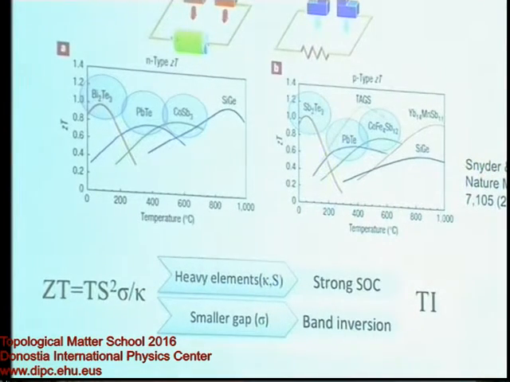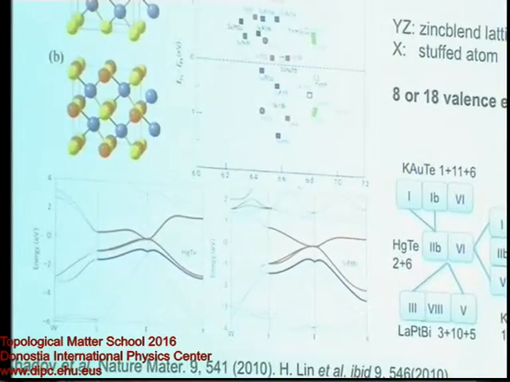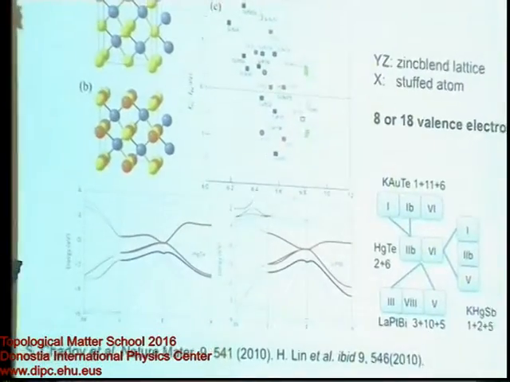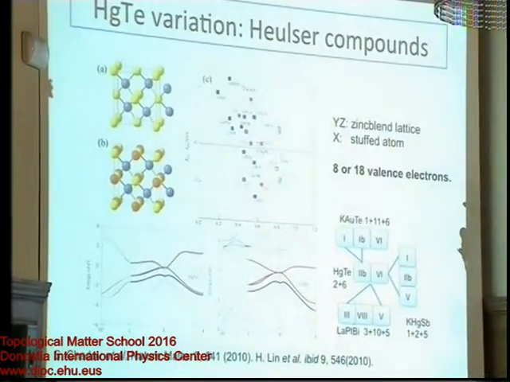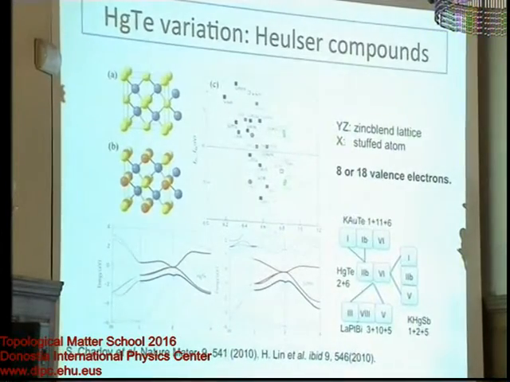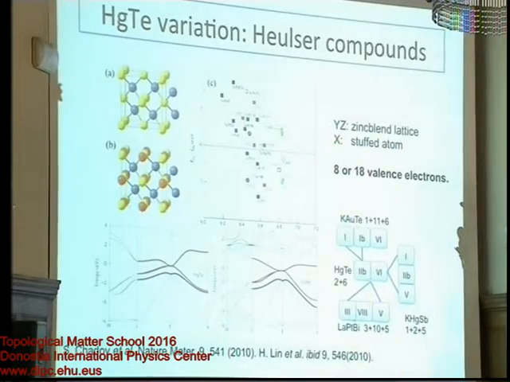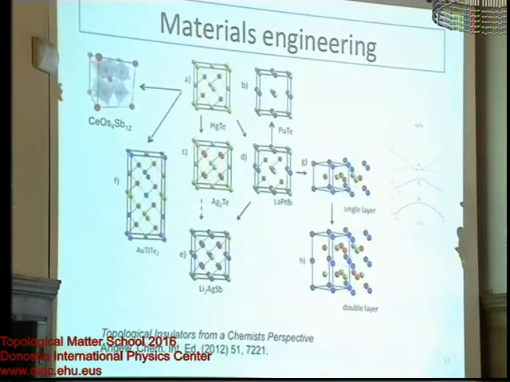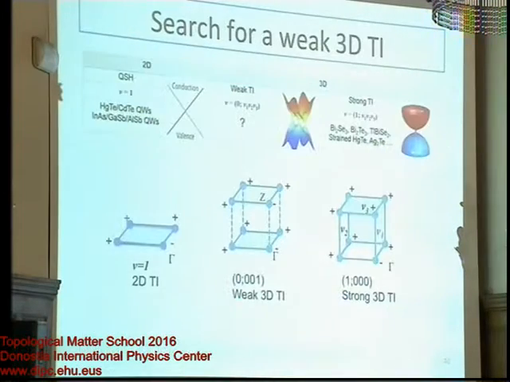All these materials have been calculated in band structure to see whether they are topological insulators or not. And there are more materials coming out, such as Heusler materials. It has a structure very similar to mercury telluride, but I think tomorrow Claudia will give a talk about the details of this material, and I will skip these points.